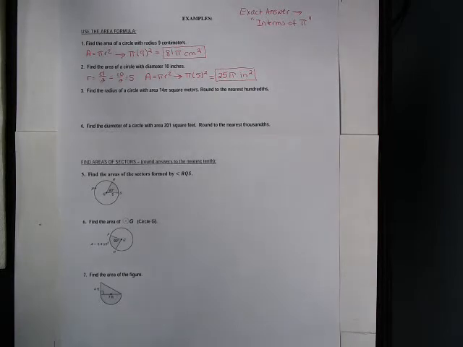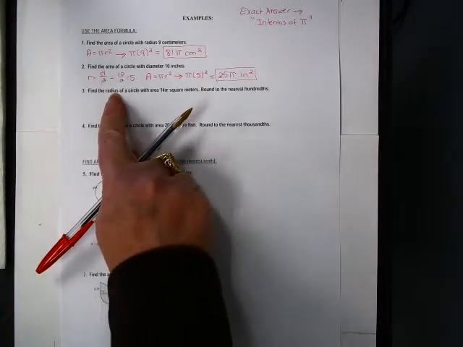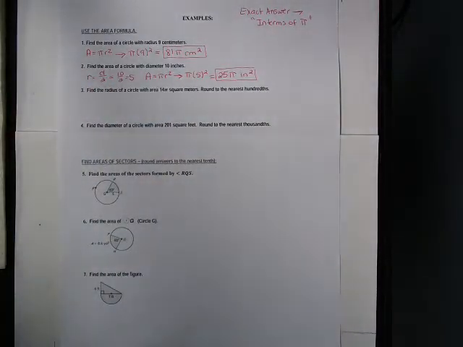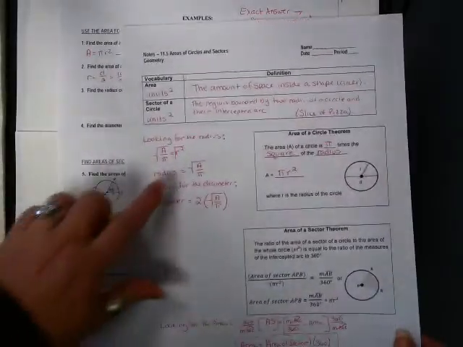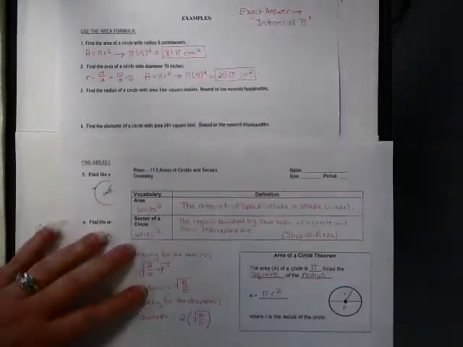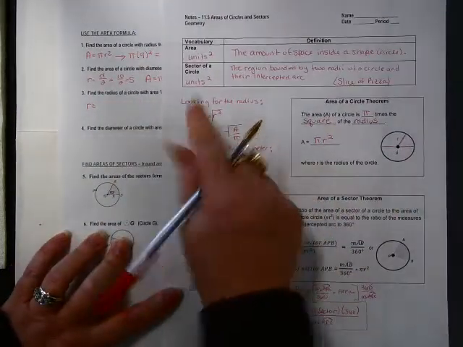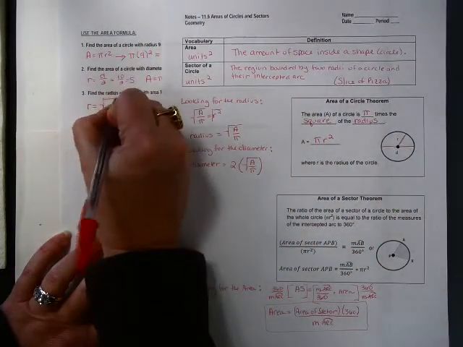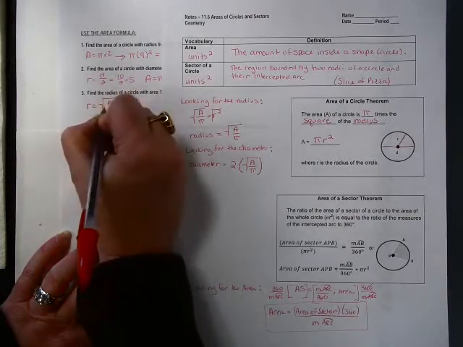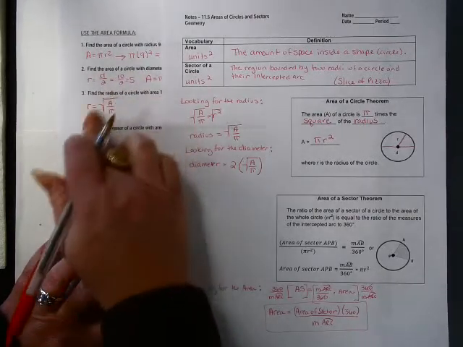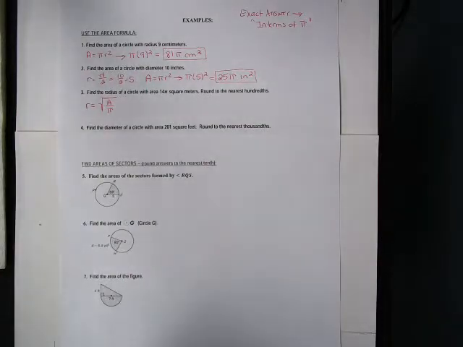All right. On the next one, that's the one where we want to find the radius. So if we look at our previous page, radius is going to equal the square root of the area divided by pi.